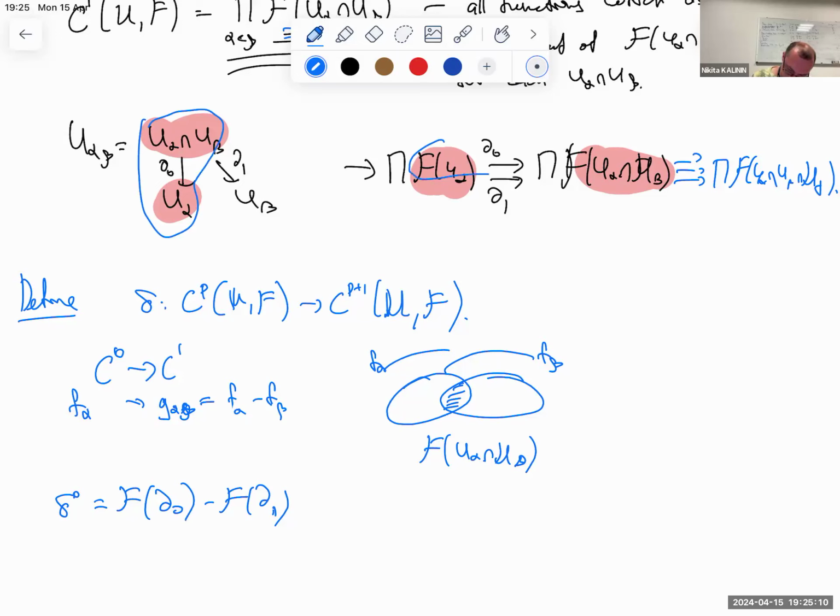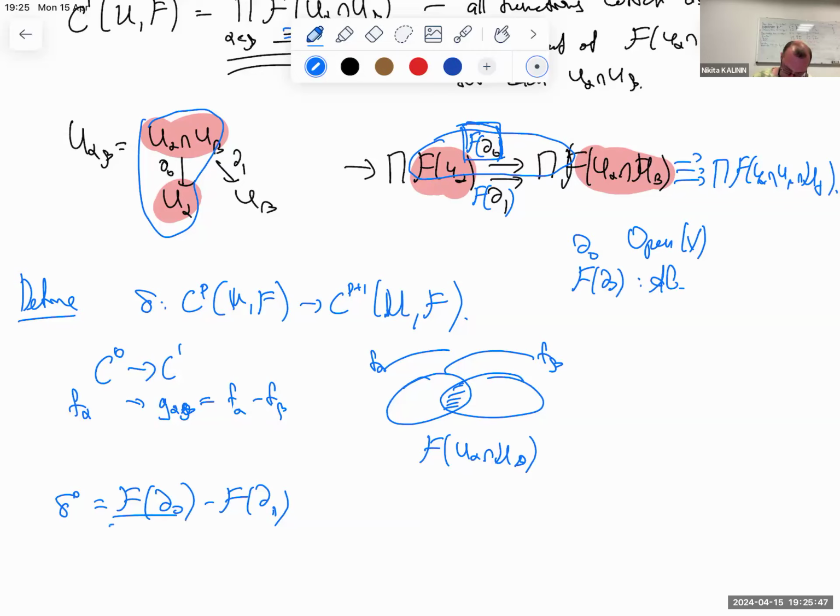So I have the corresponding delta 0 here, and that's called F of delta 0. So that's a better way of notation. Right, because that's how we denote the maps associated to delta 0, that's a morphism from the category of open sets, and F of delta 0 is the map between abelian groups.